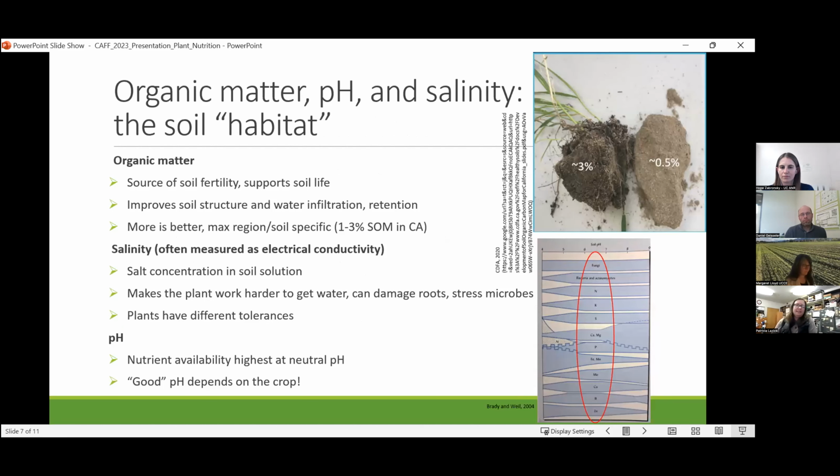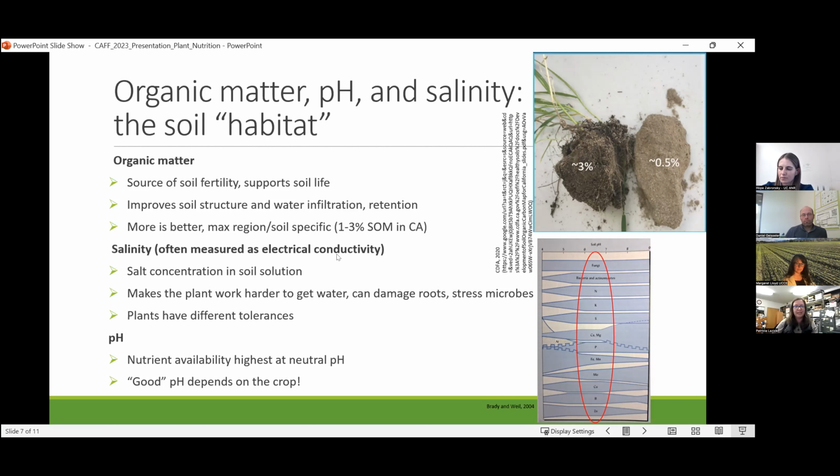I also wanted to give a brief note on organic matter, pH, and salinity, which you'll often see on a soil test, even though these aren't really nutrients, but you can think of them as the soil habitat. We all know organic matter is a source of soil fertility, with nitrogen and phosphorus released from it. It supports the soil biology that does the nutrient cycling, and improves soil structure, water infiltration, and retention, so roots are going to be able to use the soil much better.